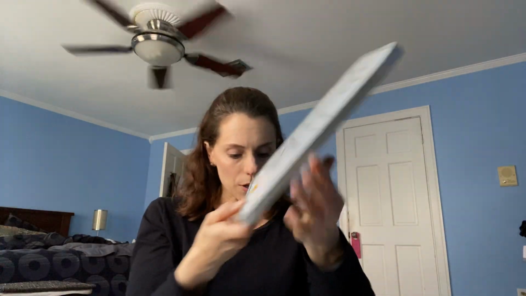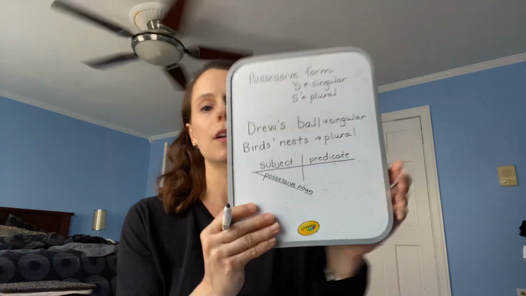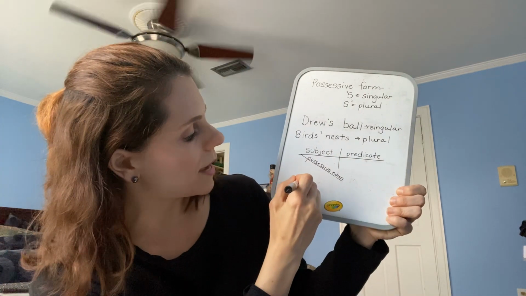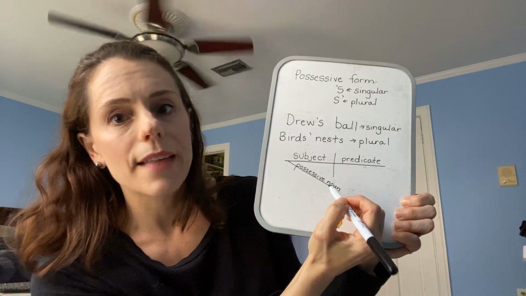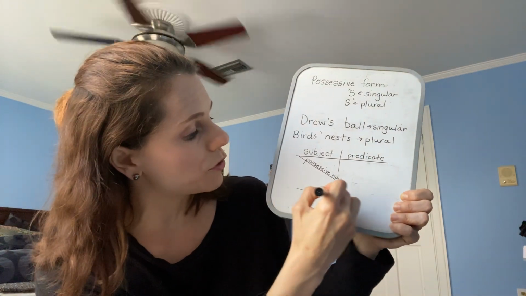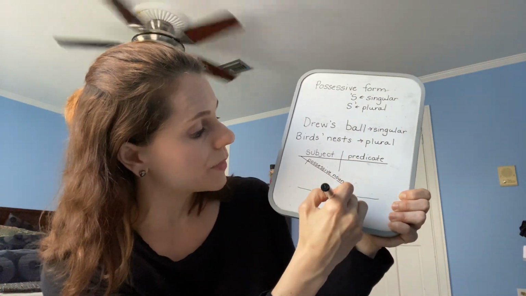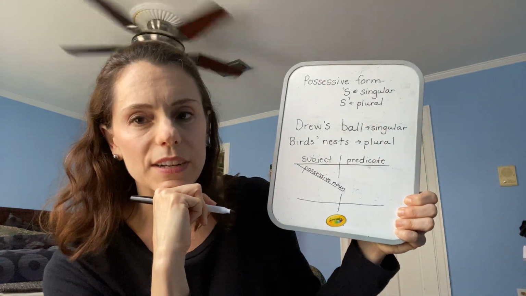So if you look in your book, you see something called, let's do an example, Jeff's bird sings. So you write the simple subject and the simple predicate on the horizontal line. Okay. So I'm going to draw my line underneath it. So you're going to have your subject, you're going to have your predicate, and then you're going to have the possessive noun. Now that there's 3 words, you've got to figure out the subject and the predicate.